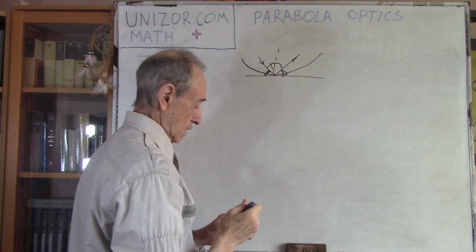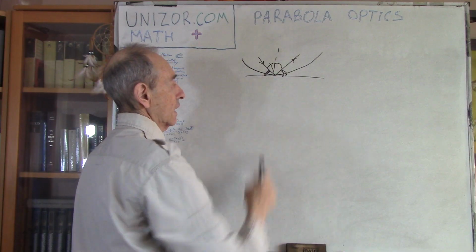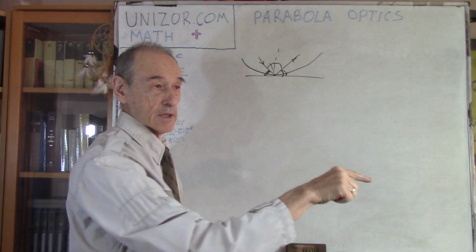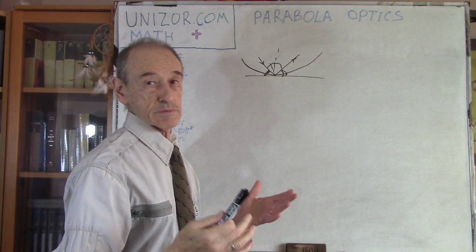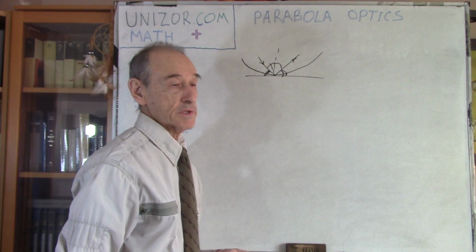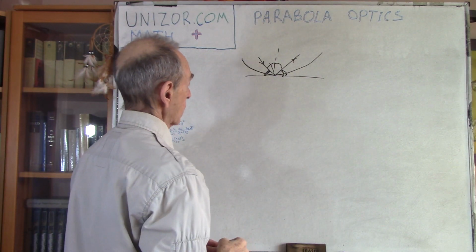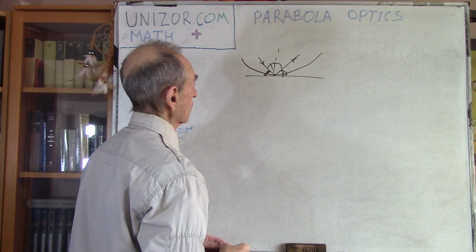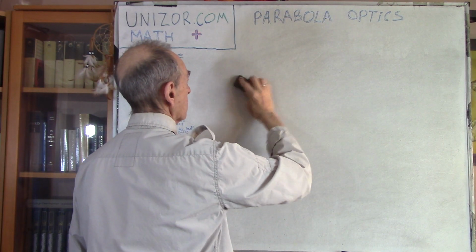So all you need to do is to draw a tangent line at the point where the light hits, and then do whatever is necessary according to the laws of reflection from the line, which means the angles of incidence and reflection are the same. Okay. Now I will use this in the case of our parabola.